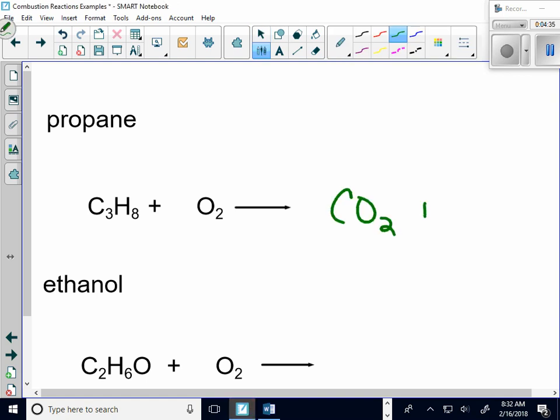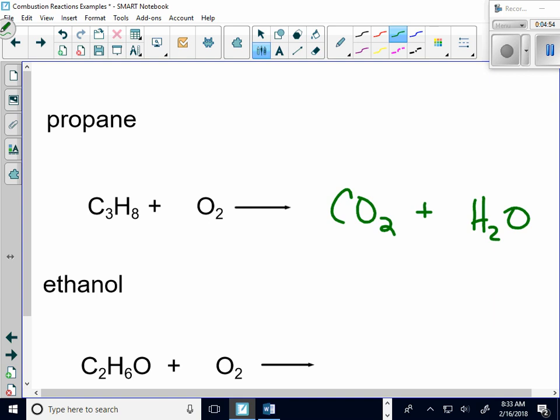Carbon dioxide and water. So all this is, and I told you in the video, now it's going to be a balancing problem. We've got the reaction right there. Now we need to balance it.